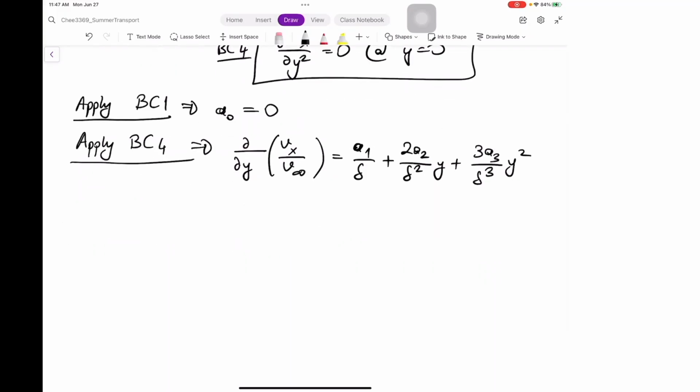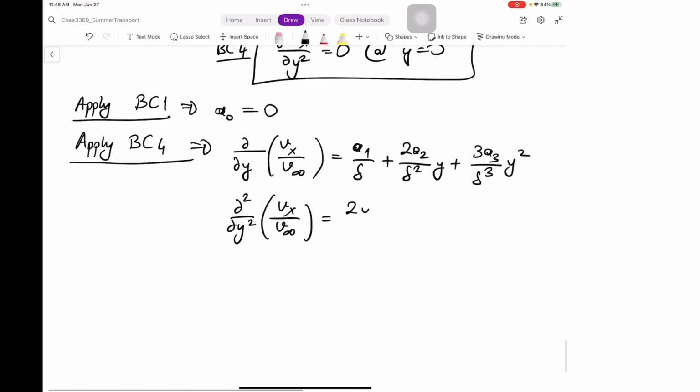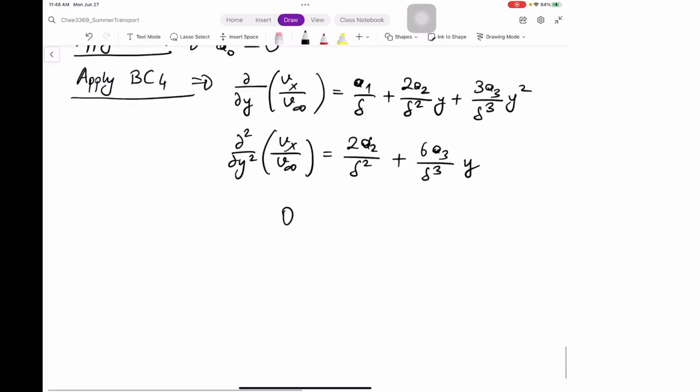Okay, and the second derivative, same thing, gives you 2a2 over delta squared plus 6a3 over delta cubed y, and the left hand side is 0 at y is equal to 0. So 0 is equal to 2a2 over delta squared. From here, we find that a2 is also 0.